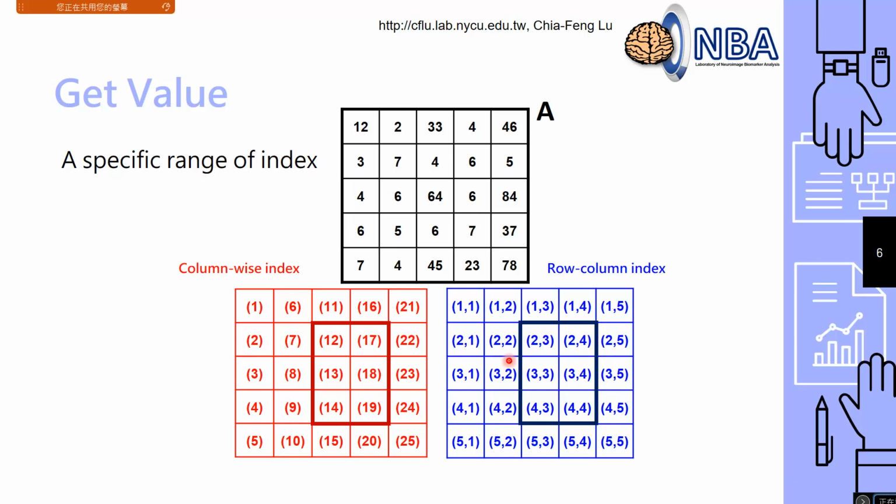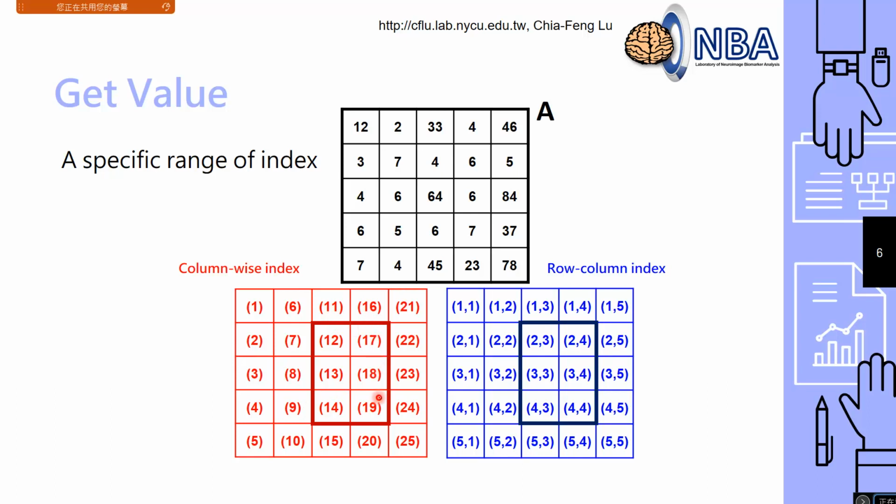So let's go to the next one again. Right here, we're going to again get values from a specific range of the index, but now you can see it is not for a single column. It's more like a small subset matrix. So I'm going to get the values from the second to fourth row and the third to fourth column.